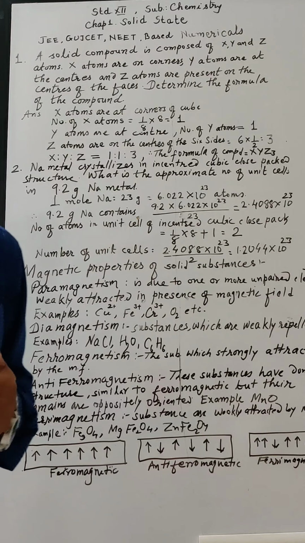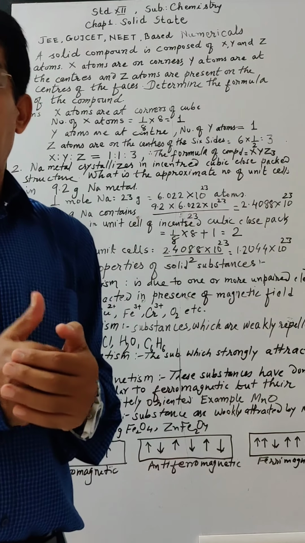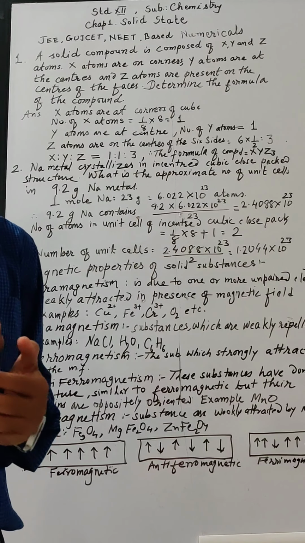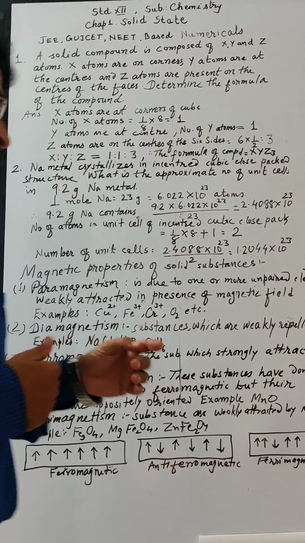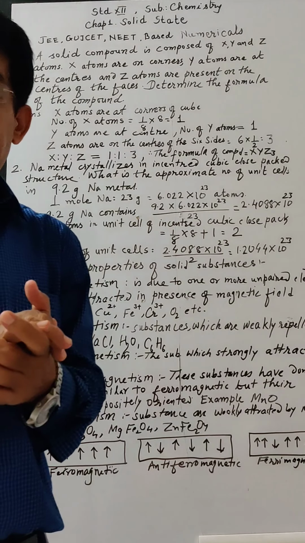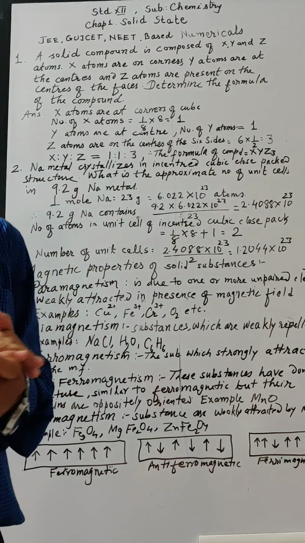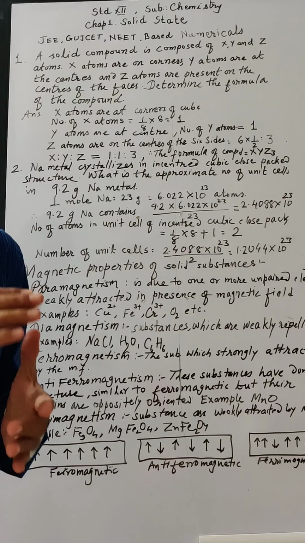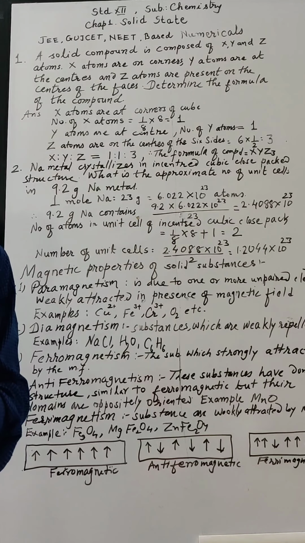Substance can be divided into 5 types on the basis of their magnetic properties. First, paramagnetism, and the substance is paramagnetic substance. Paramagnetism is due to one or more than one unpaired electrons.